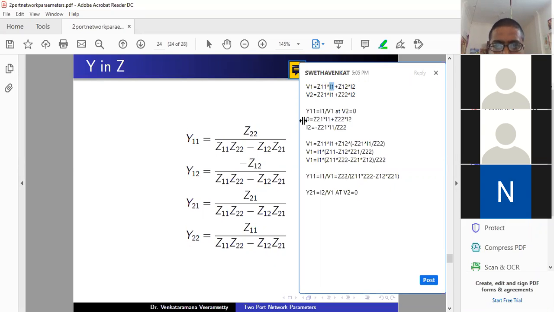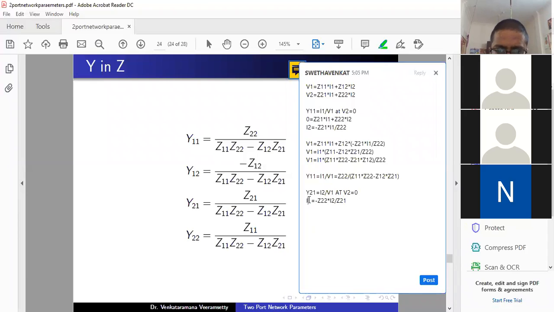So from this equation, find I1 in terms of I2. I1 is equal to minus Z22 multiplied with I2 divided by Z21, right?